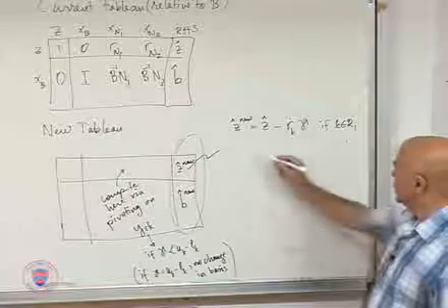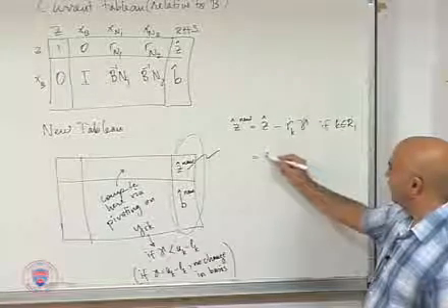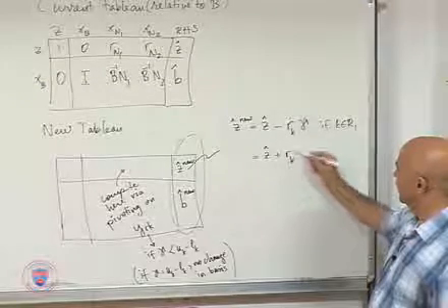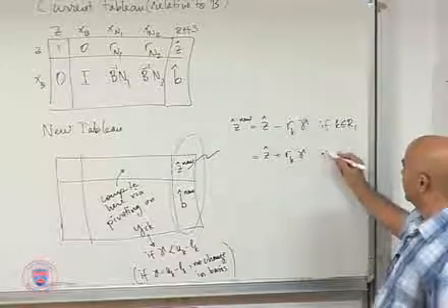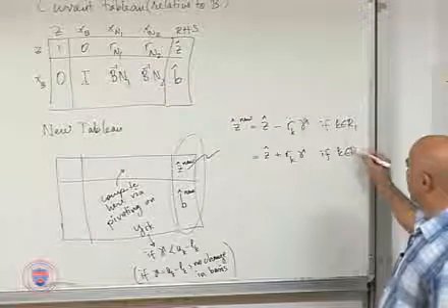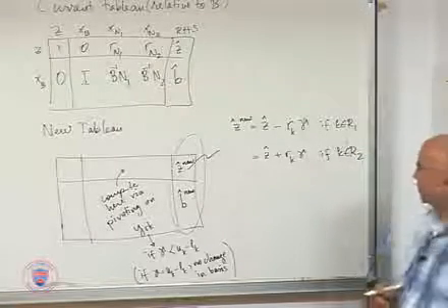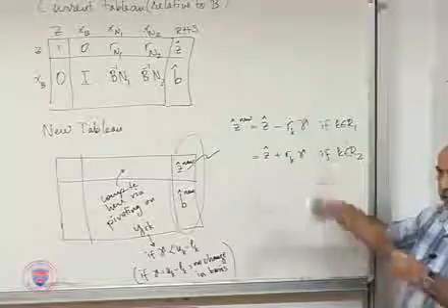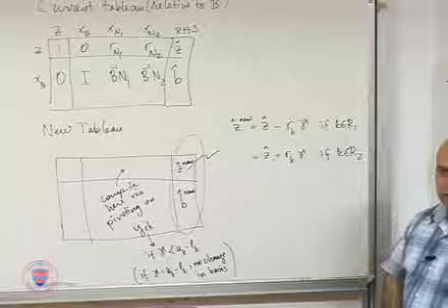What about in the other case? In the other case, it will be Z cap plus RK gamma, if K comes from R2. In that case, of course, RK is negative, so gamma is positive, so you're still going down. Okay?